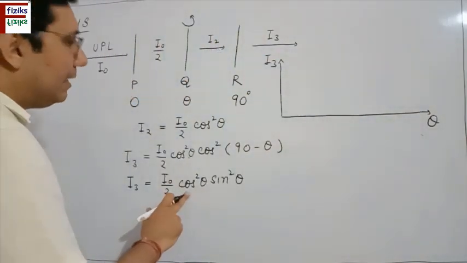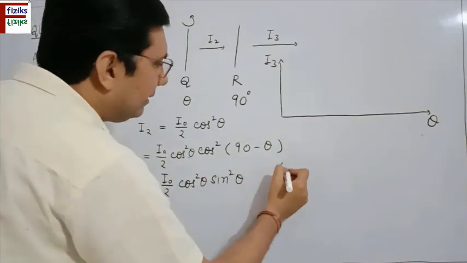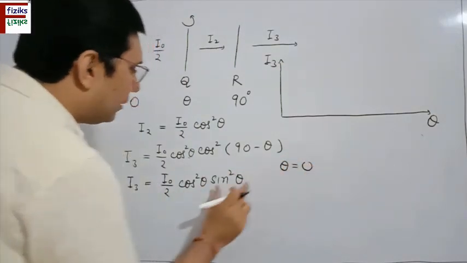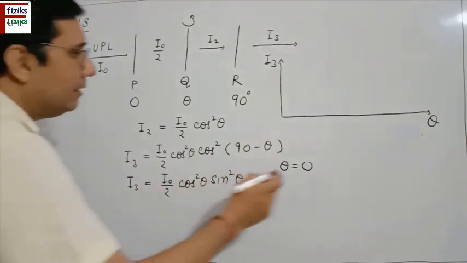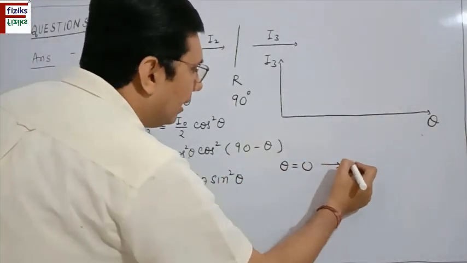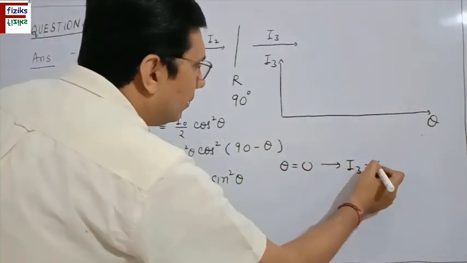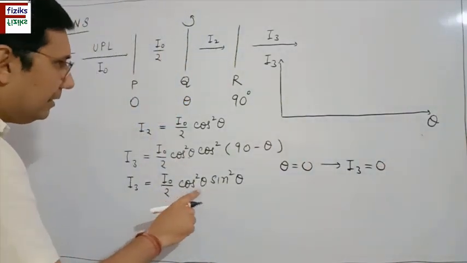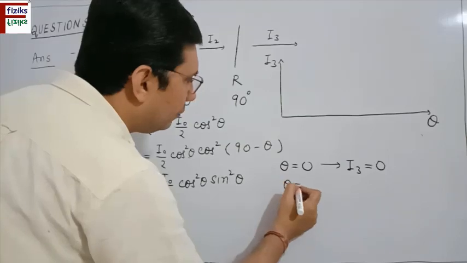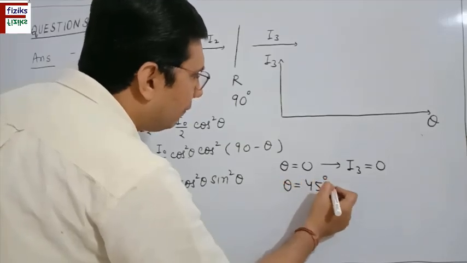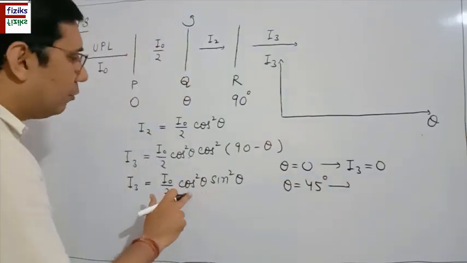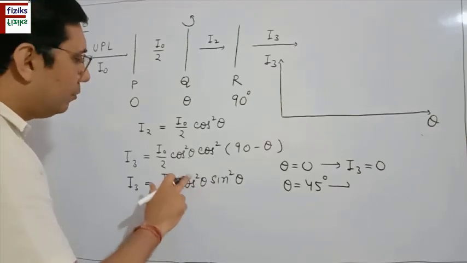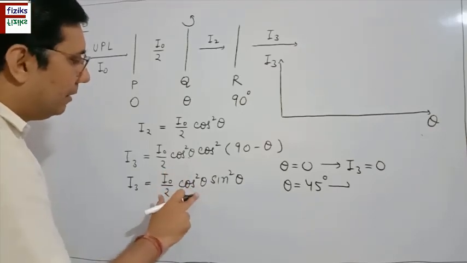First we will check the intensity when theta is 0. So sin 0 will be 0 and I3 will be equal to 0. When I choose theta equal to 45 degrees, cos 45 will be 1 by root 2, so cos square theta will be equal to 1 by 2.